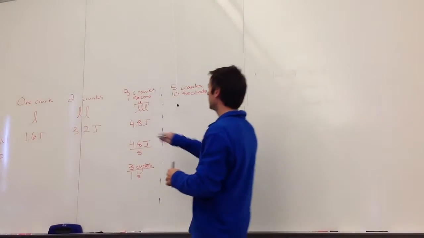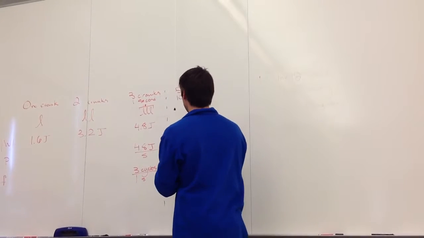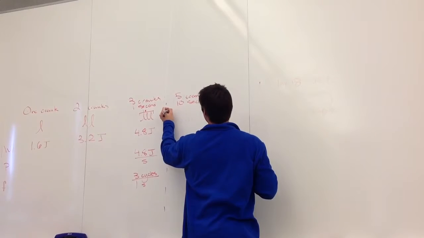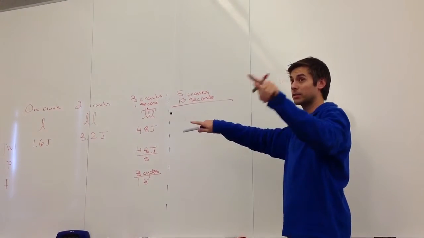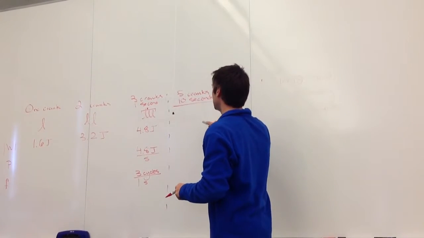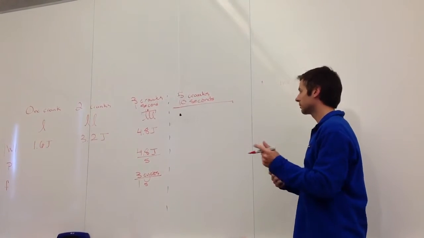I'm going to represent the time interval with that piece. Now within here, how many cycles will I put? If that's 10 seconds. 5.